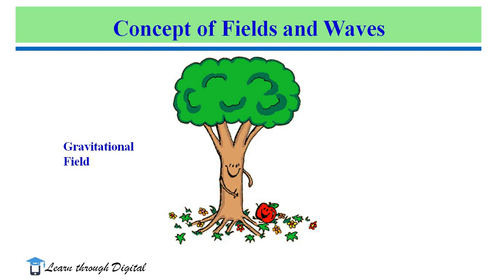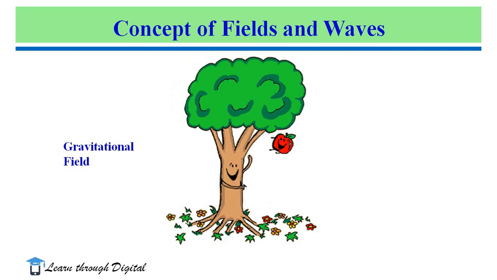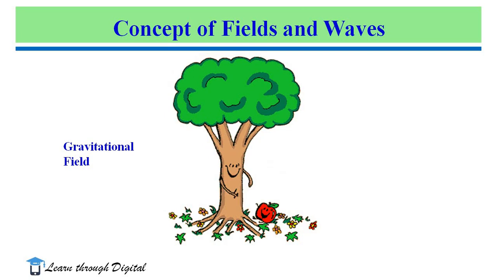This is why objects fall toward the earth's surface. But since there are no elastic strings connecting a free-falling object and the earth, how do we explain the phenomenon? We explain this action-at-a-distance phenomenon by postulating the existence of a gravitational field.